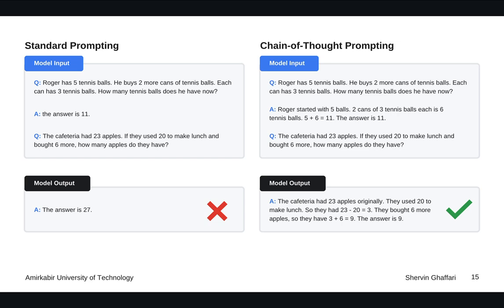In standard prompting, the model does not lead to the correct answer, while with chain of thought prompting, the model thinks step by step about how to solve a problem by following our instructions, and it has led to the correct answer.